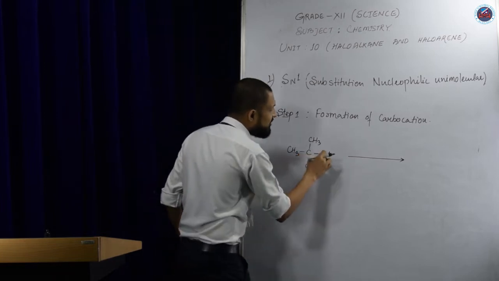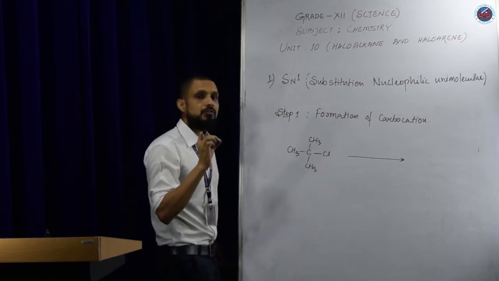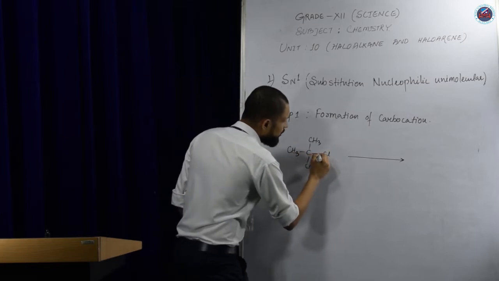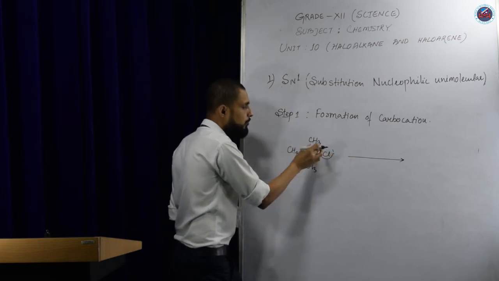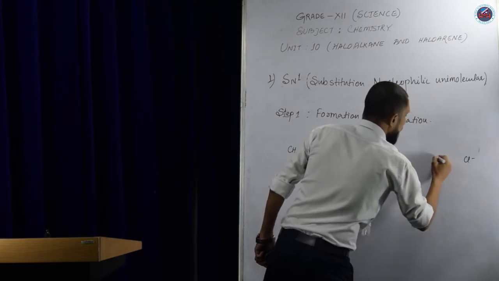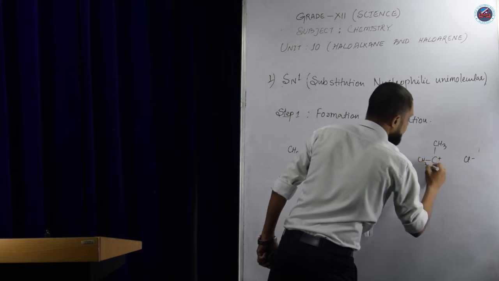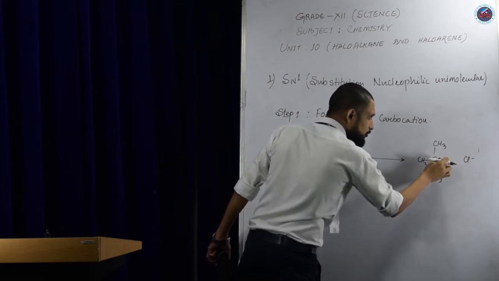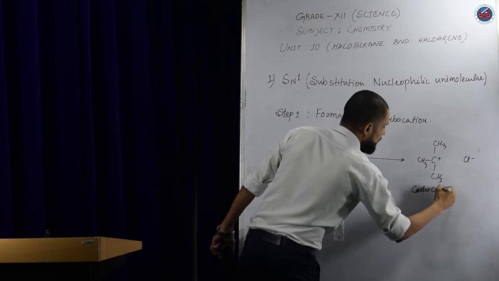So the C-Cl bond will undergo heterolytic bond breaking. If this C-Cl bond breaks, Cl will get the electrons because Cl is more electronegative than carbon. So we'll get Cl negative, and carbon will attain a positive charge. So you can see there is a carbon compound carrying positive charge on carbon. This is a carbocation.